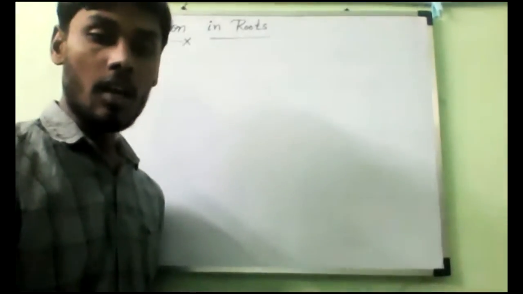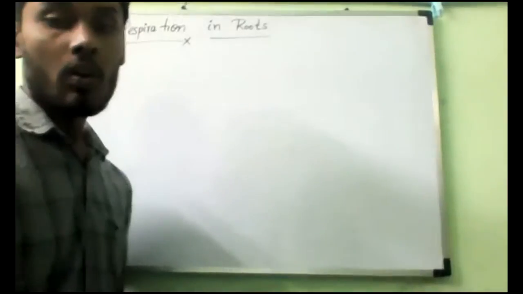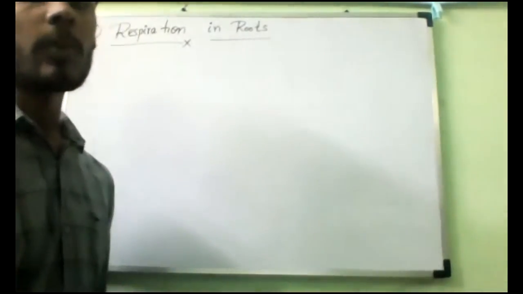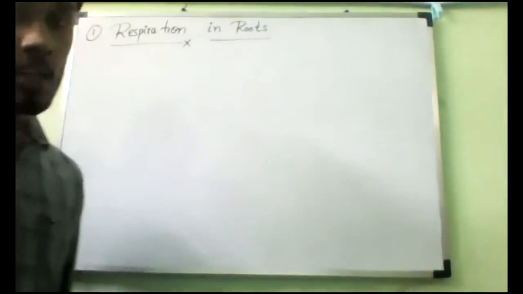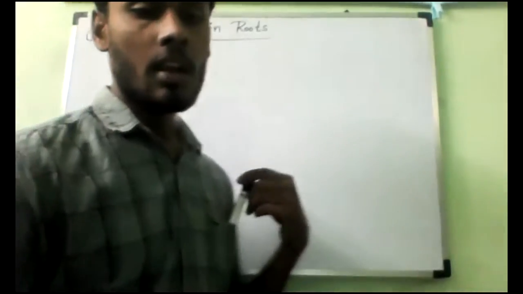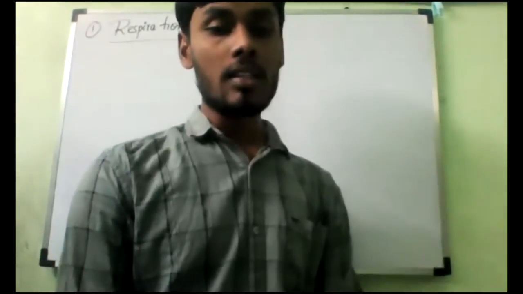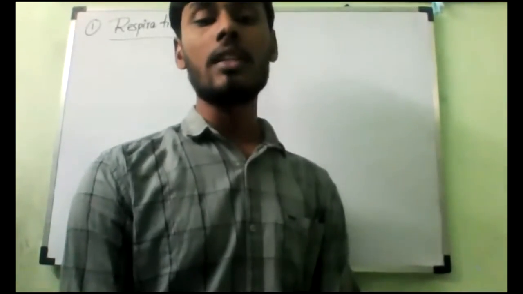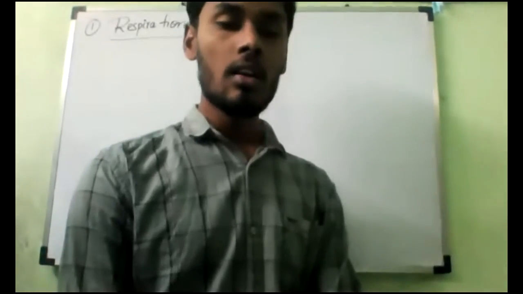Do you understand? The roots are also present inside the soil. So these roots absorb the air which is present in between the particles of the soil. If you observe the roots, they are present inside the soil, and the soil has gaps between the particles. Those gaps are filled with what?